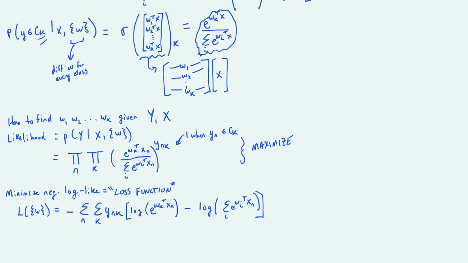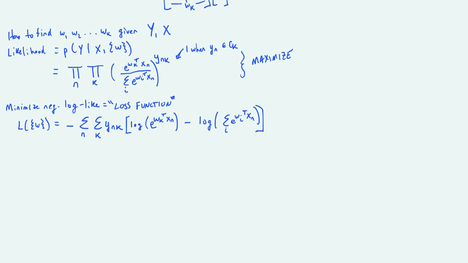And that's all underneath the sum being multiplied by ynk. And I think maybe we can even simplify this negative log likelihood function a little bit more, or at least break it up into a way that will be helpful later.